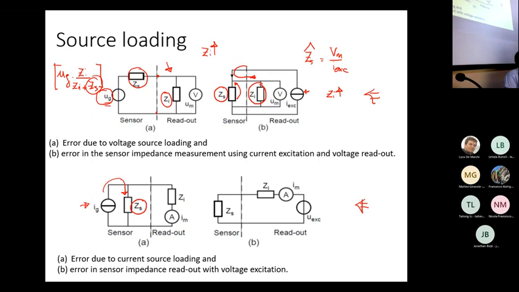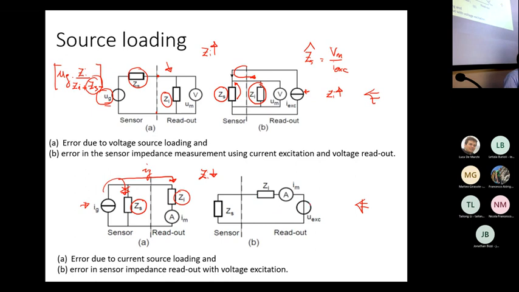We want the current to flow as much as possible in this direction. To do so, the input impedance of the current measurement system, since we are measuring amperes, should be as small as possible, so that the current will privilege this path.